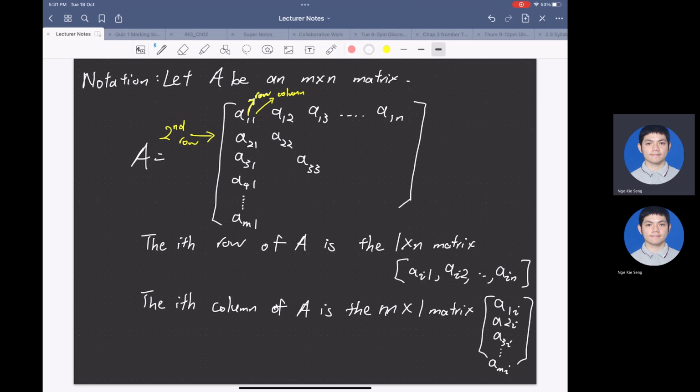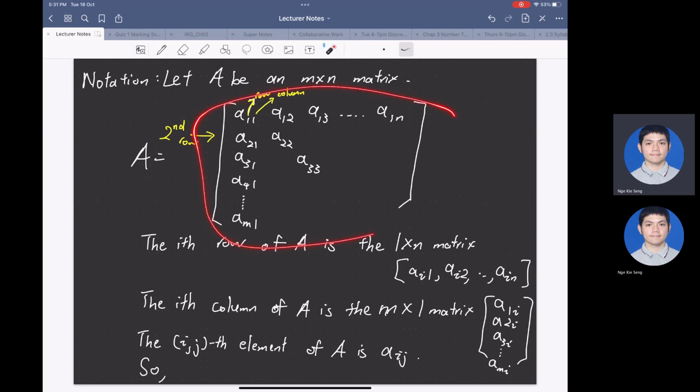Sometimes you will call it the ij element. The ij element of A is Aij. Compactly, we don't write the whole thing out.